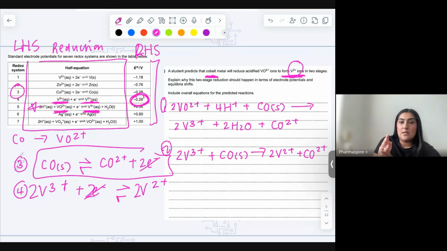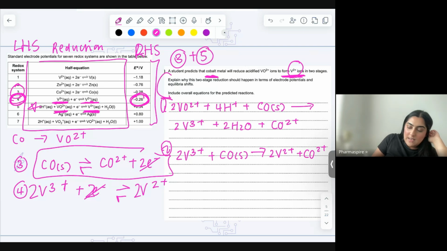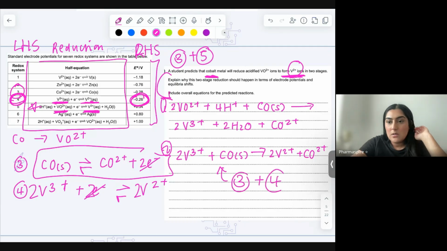That's what you need to get around your head. Anything oxidation, left. Anything reduction, right. So we use Colbert and what system for the second equation? Colbert and 4. So you're using 3 plus 5 for the first one. And this one is 3 and 4 for the second one.